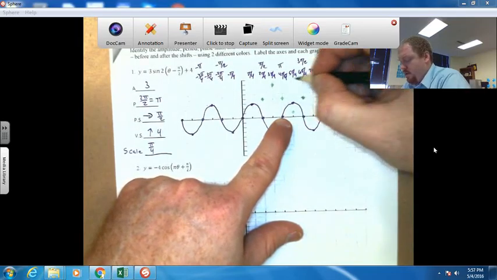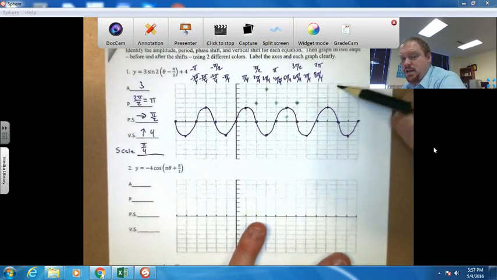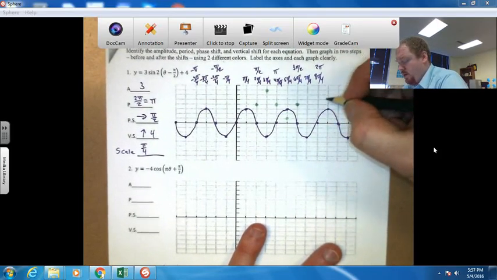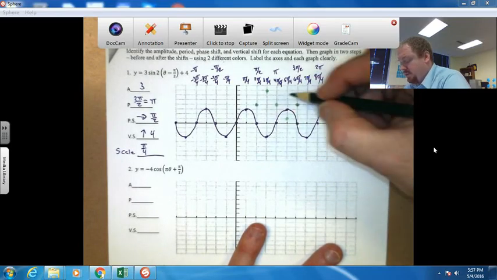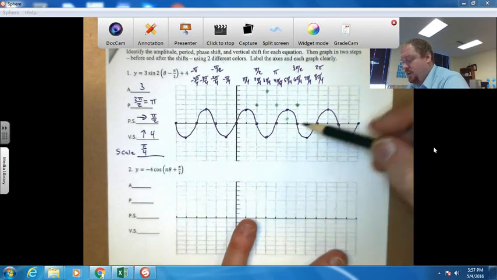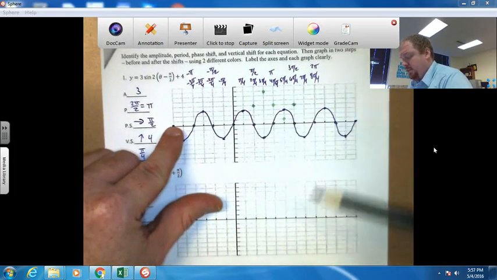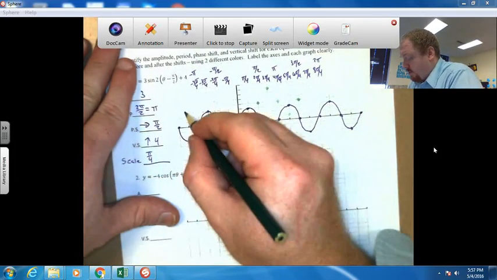So now that I have that, I can see the pattern that's going on here. Again, this is up 3 from this center line. And now it's easy for me to see this center line because it's shifted up 4 just like this is. I recommend people draw that in.